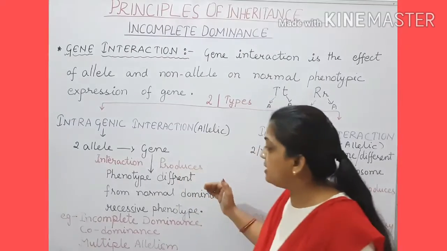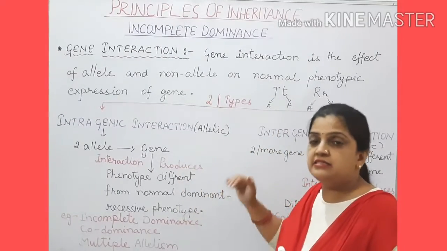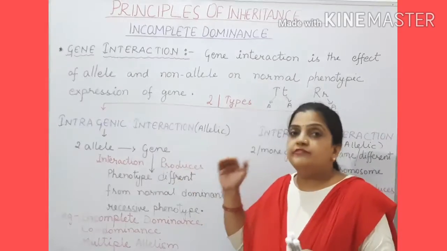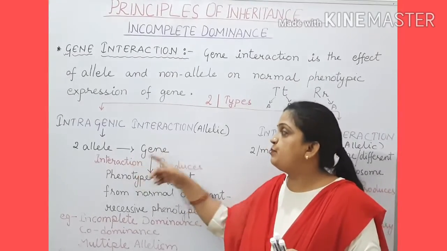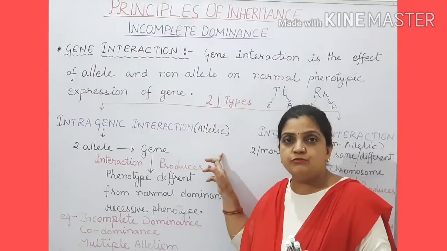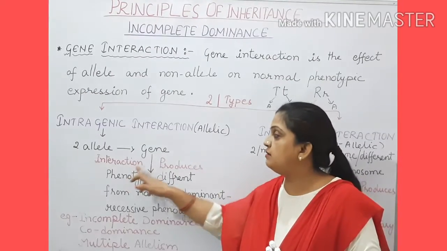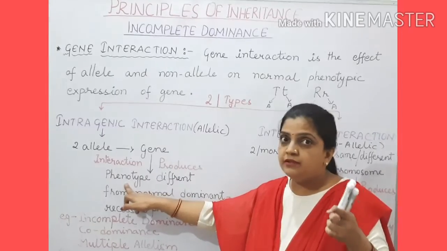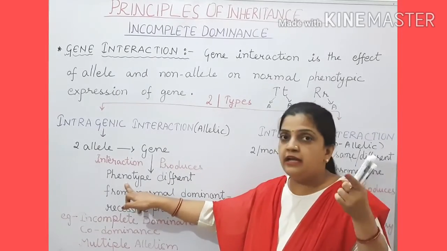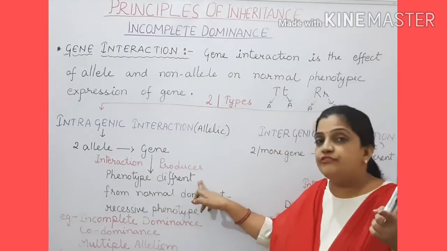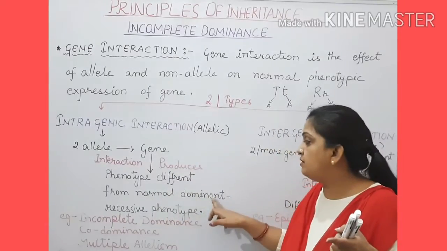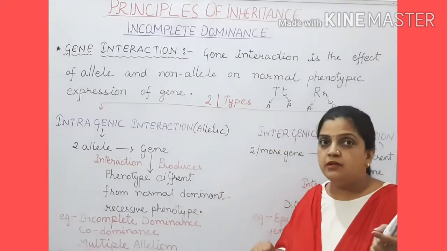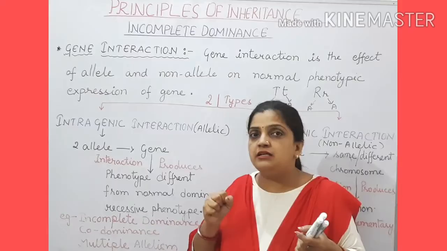But here what is the sentence saying? The sentence says that when the two alleles present on the gene of the same chromosome interact together, they produce a phenotype different from the normal dominant recessive phenotype, unlike the dominant tall in the F1 generation. Now what was the normal result?